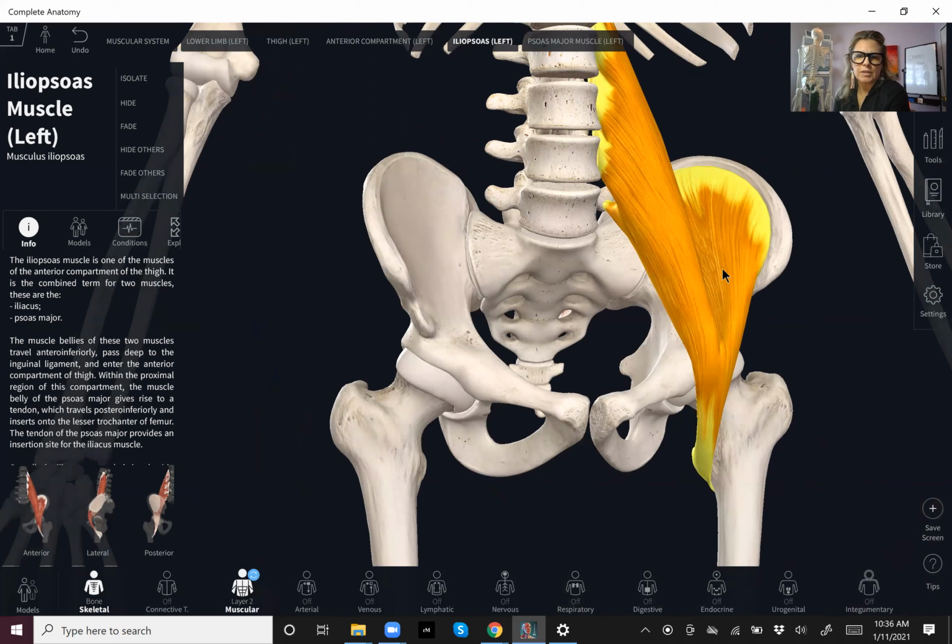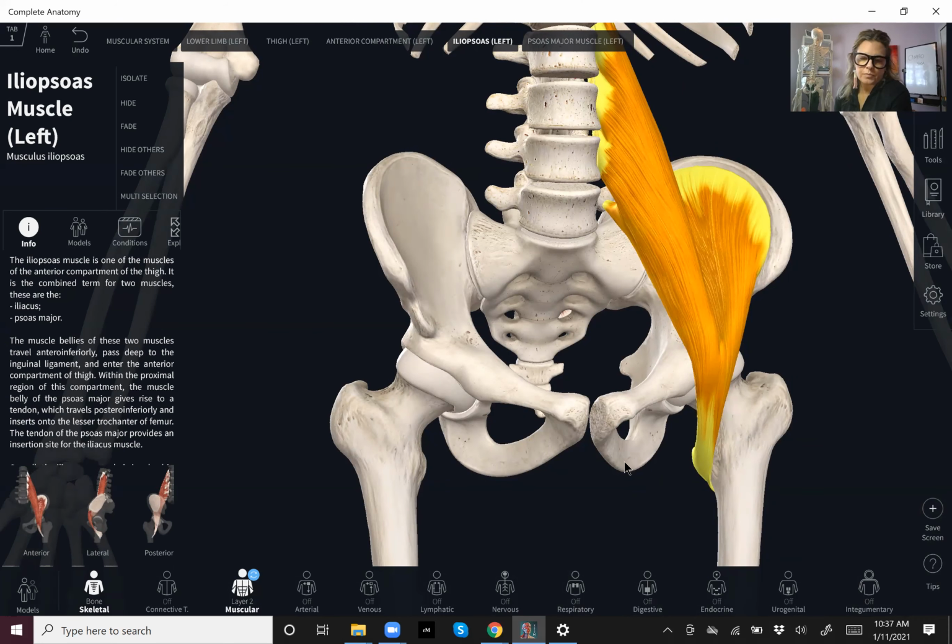So here's the two muscles together. So the iliopsoas, this inner portion, the more medial portion is called the psoas, and this is called the iliacus muscle. The psoas originates on the vertebral bodies of the spine, and the iliacus originates on the fossa here of the ilium. And then they come down, join, and connect at the lesser trochanter.